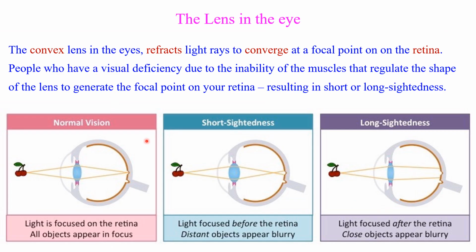So the cornea at the front of your eye and the lens right here, which is convex shaped, have a job to refract light inwards so that basically that light converges on our retina. And if the cornea and the lens are doing their job properly, then our focal point will be bang on our retina and we'll have a clear image.